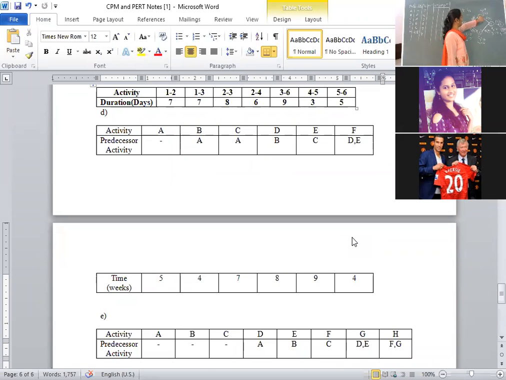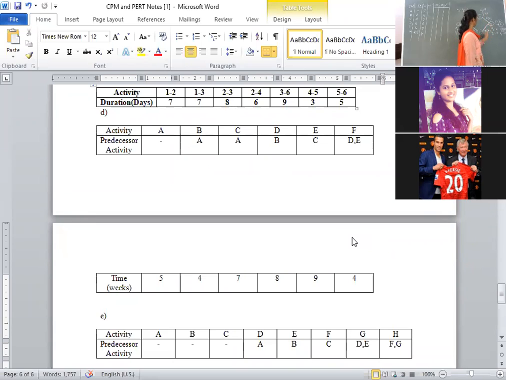If you see, E3 and L3 values differ. E3 value is 9, L3 value is 13. That's why 2 to 3 is a non-critical activity. Next, 2 to 4: E4 value is 12, L4 value is 12. That is, 2 to 4 is your critical path. Draw a double line. Here again E3, L3 have different values. That's why 3 to 5 cannot become a critical path.